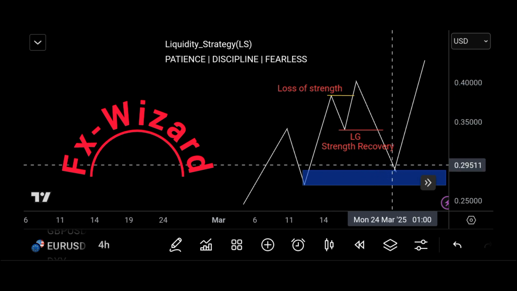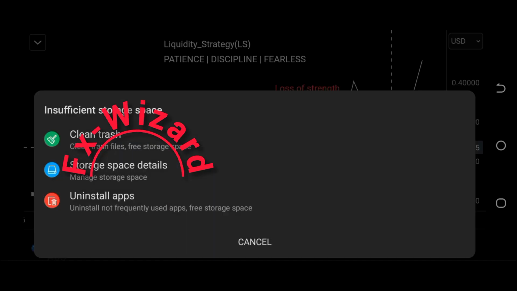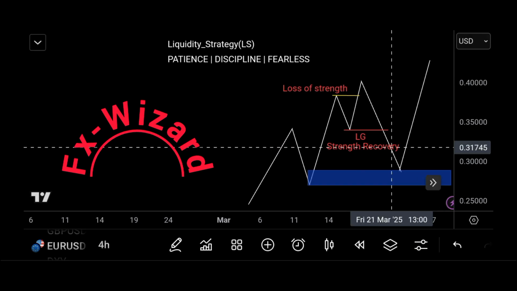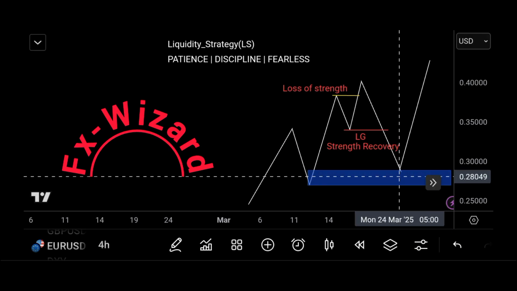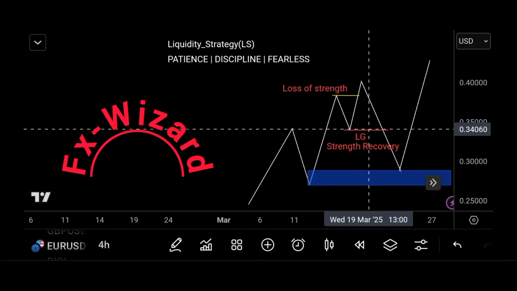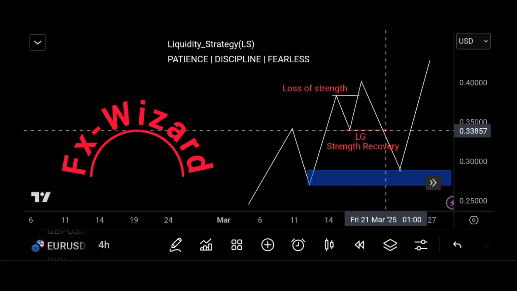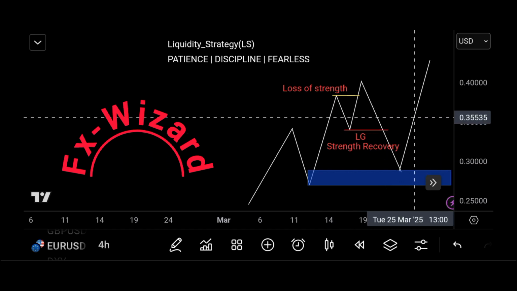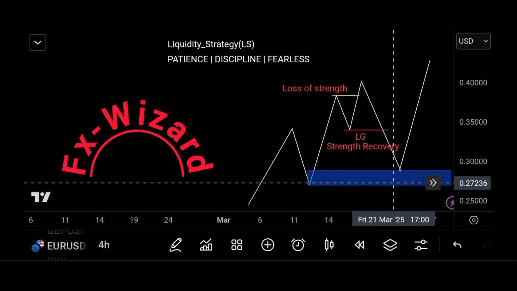That's the reason why I always tell all my students, you need to know the direction first before speed. Direction is more important than speed. Once you have the direction, you can increase your risk. Since this BMS here is not a real BMS, rather a fake BMS, we need a strength recovery, and that strength recovery is what happened here, and then it continued.